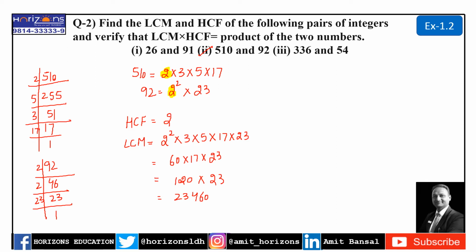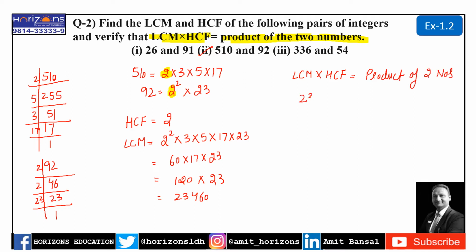This is the LCM of the two numbers. Now what we have to verify is that LCM into HCF is the product of the two numbers, right? This puts all these in perspective. So LCM into HCF is equal to the product of the two numbers. Let us check this.